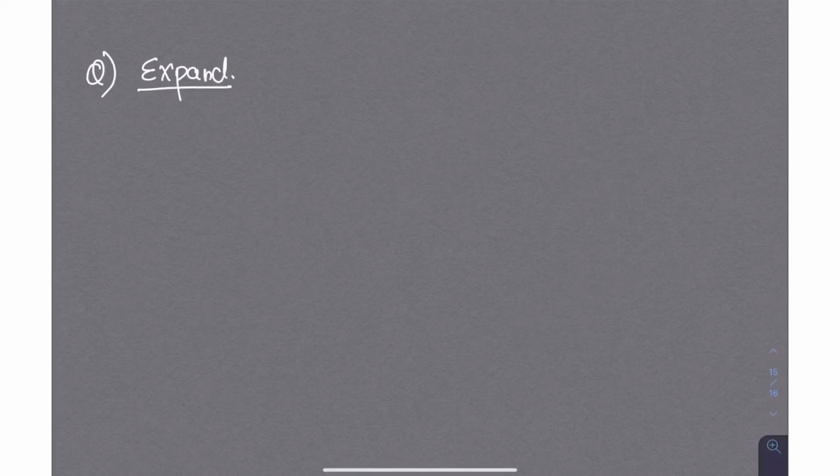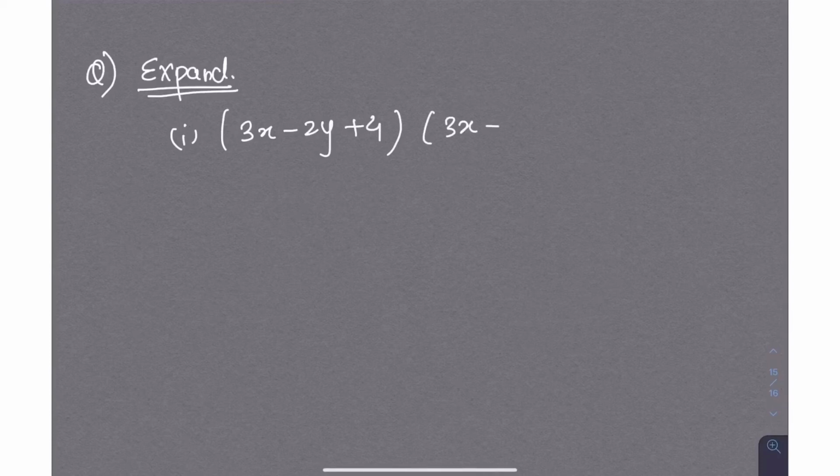So now the next question that we are going to do is expand 3x minus 2y plus 4 into 3x minus 2y minus 4. Now guys, this is very very important. Why? This is a little logical, okay?